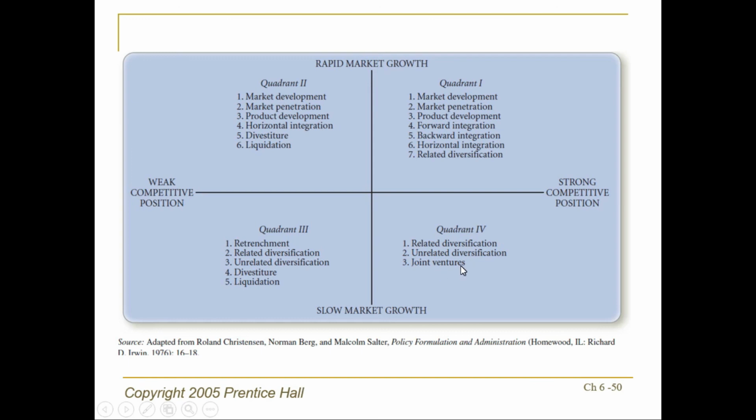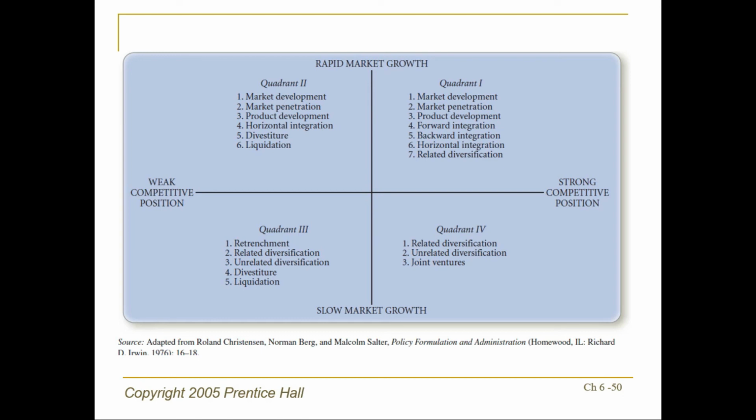But when will we go for those policies? Here the scale is strong competitive position and weak competitive position, scaled on the axis. There are no mathematical or numerical values here. The managers would decide whether the competitive position is good or bad.